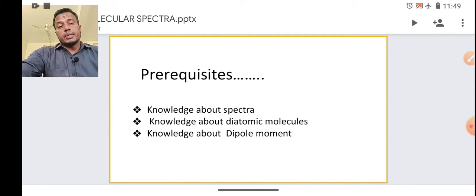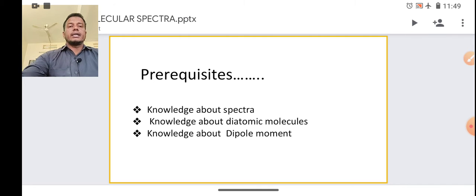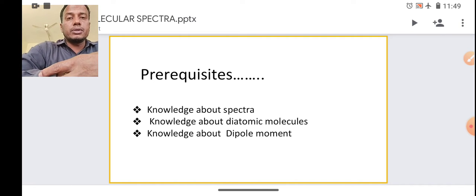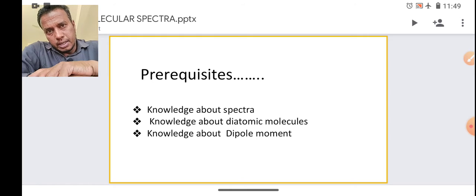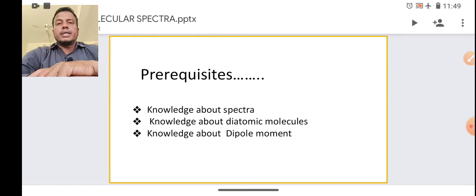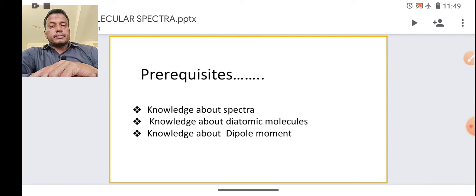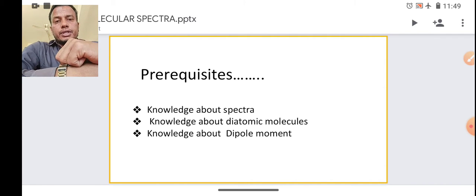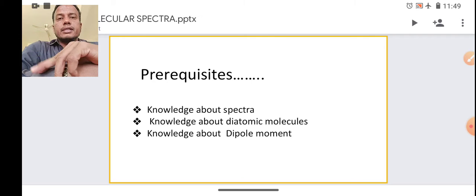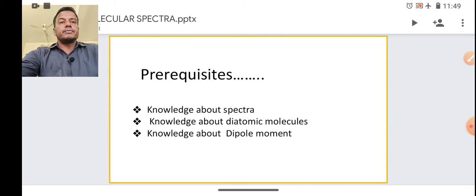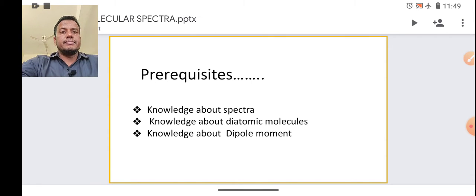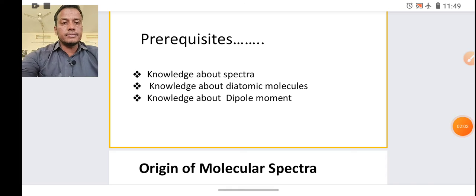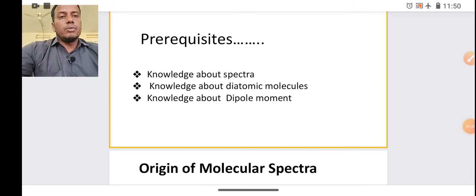Diatomic molecules are usually either homonuclear diatomic molecules or heteronuclear diatomic molecules. Homo means they have the same atoms, for example hydrogen, H2, which gives the same one, hence no dipole moment.